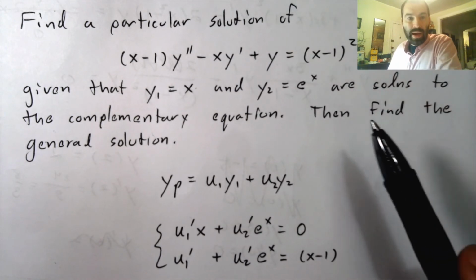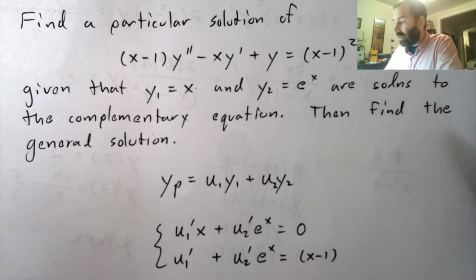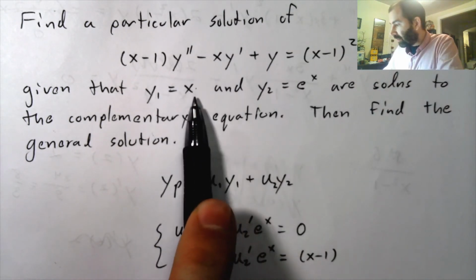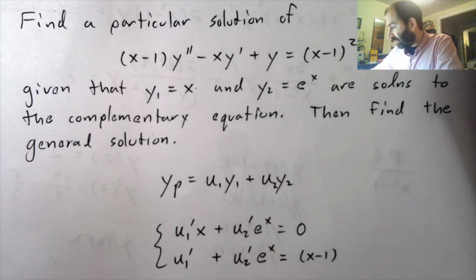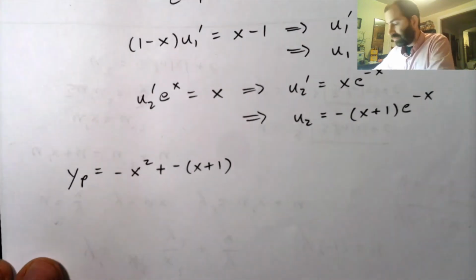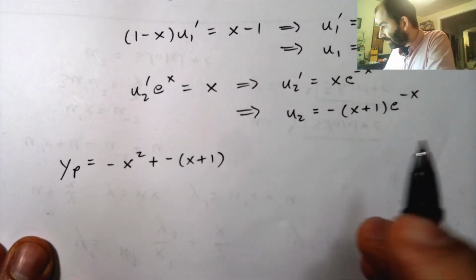Now how do we find the general solution? Well, we're just going to add constant multiples of the complementary solutions. So let's see what happens here.